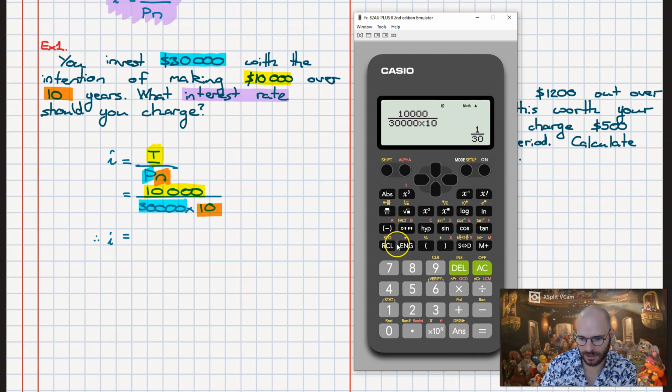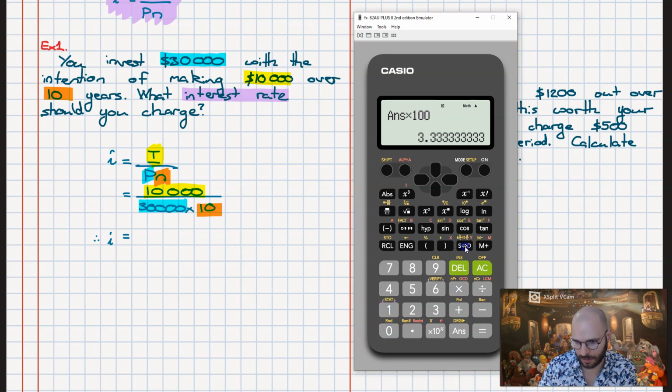Don't really want a fraction in this case, so I'm going to press my SD button here. It's going to convert this into a decimal. Once again, I don't want a decimal either, rather I want a percentage. So I'm going to go answer times 100.